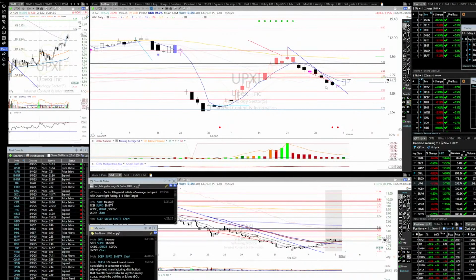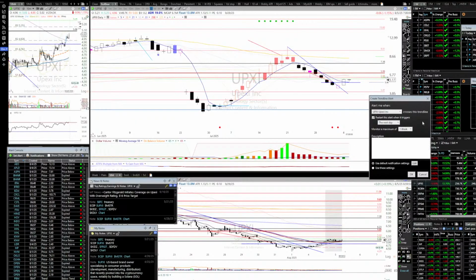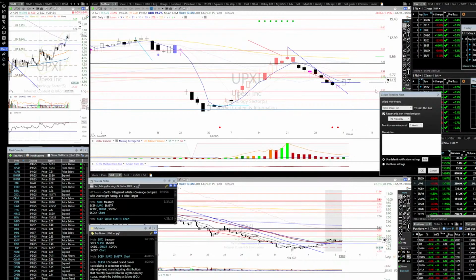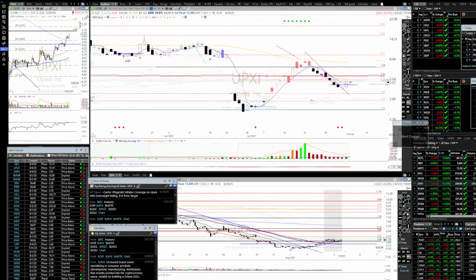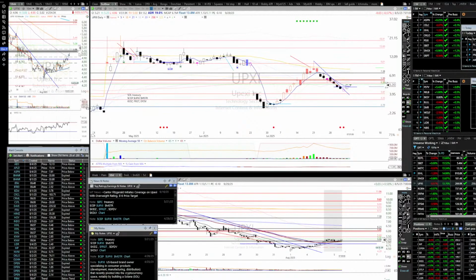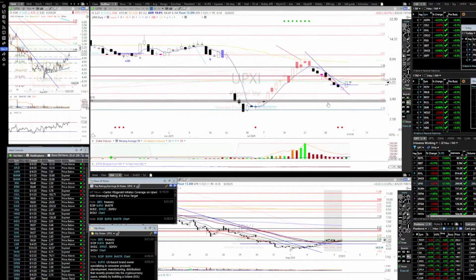So I could have done like this, and that means a retest of that is very tradable, but I also am interested here, even though the moving averages are above 8, 5, 20.